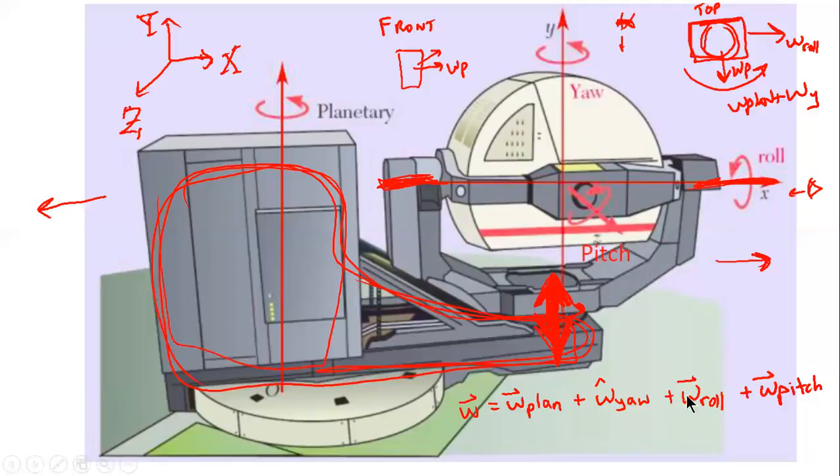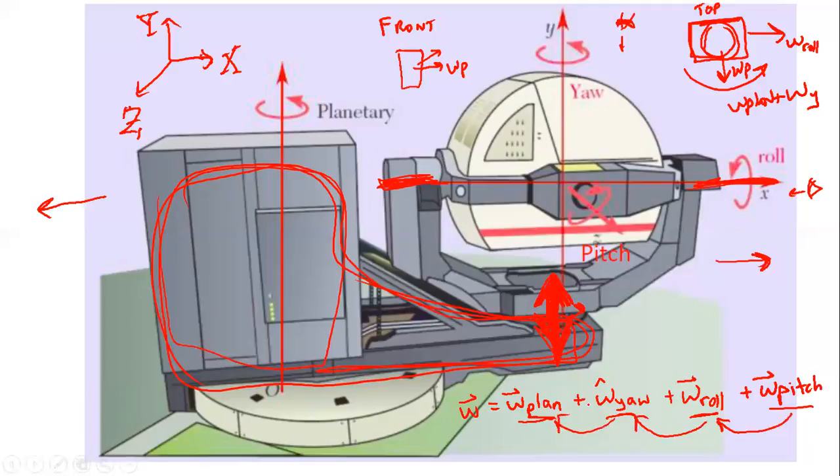Okay, so one thing you can think about is to write how it's moving, what's the first thing. This one was the first, this is the second, the next outermost gimbal or motor, and that's the last one. So the last one here is affected by all of the things before it.